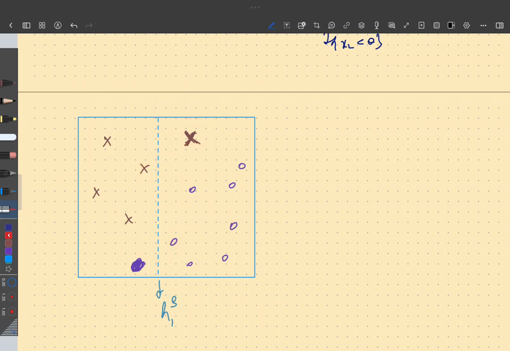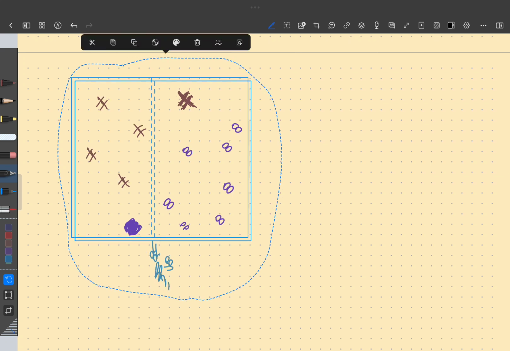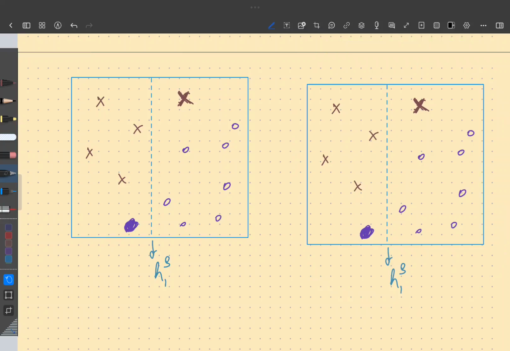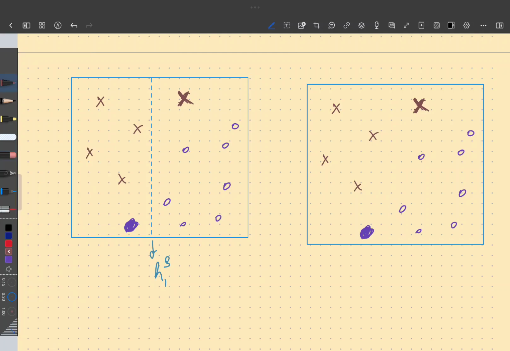So this is the general picture. Let's say this is S, and this is my S1.